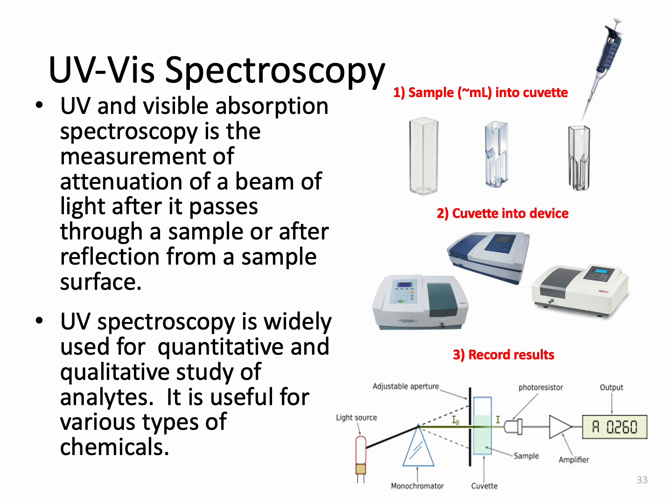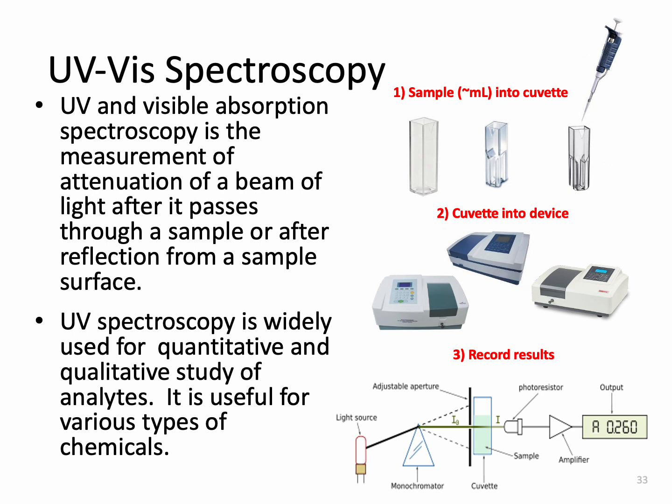On the right side you can see the sample, a few milliliters in a cuvette. We put the cuvette into a UV-visible spectroscopy device, and then we record the results.